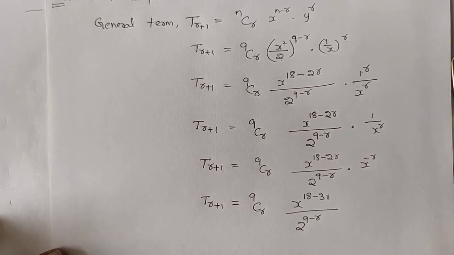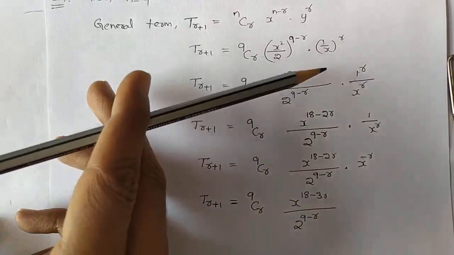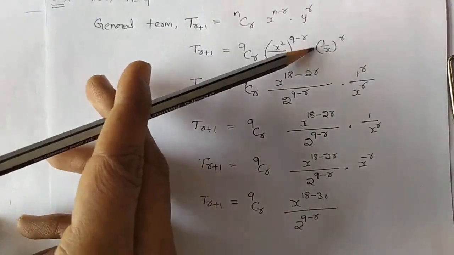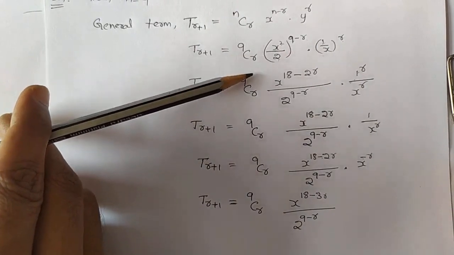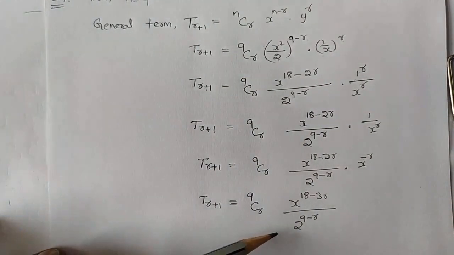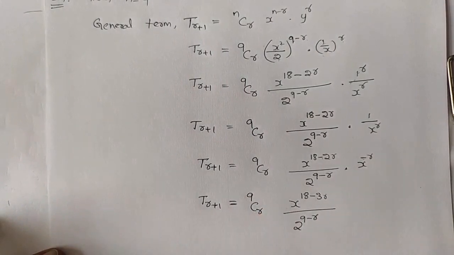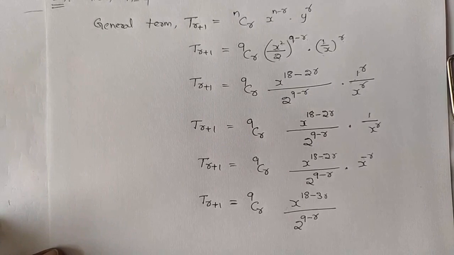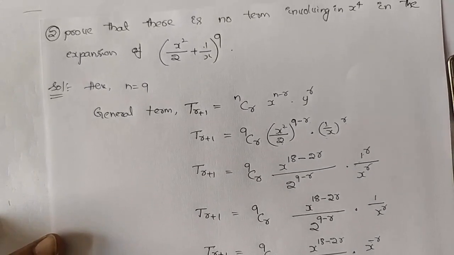Now, in the starting we had two number of x: numerator 1 x and denominator one more x. I already told you that we have to simplify until 1 x comes. See, we simplified until 1 x comes. Next, the question says there is no term involving x power 4.